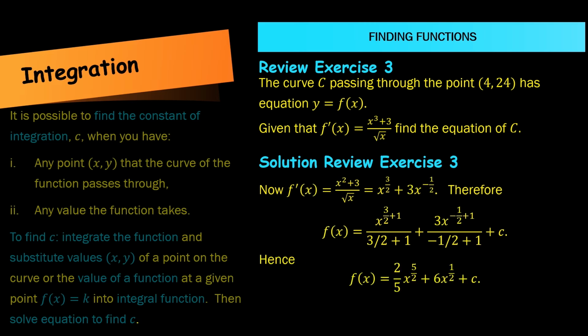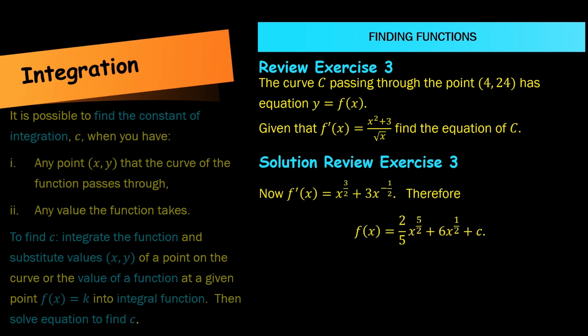And tidying up gives us this expression here. So f(x) equals 2/5 x to the 5 over 2 plus 6x to the power half plus c. However, we know that f(4) equals 24. And so, plugging in x equals 4 into this equation for f(x), we have this expression.